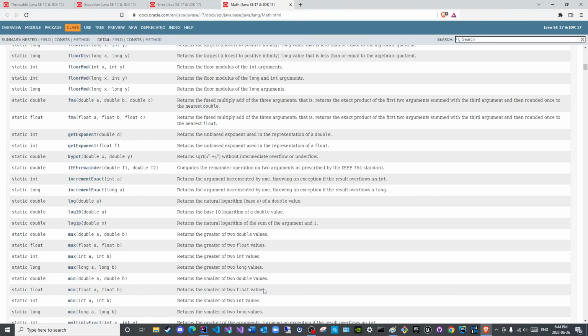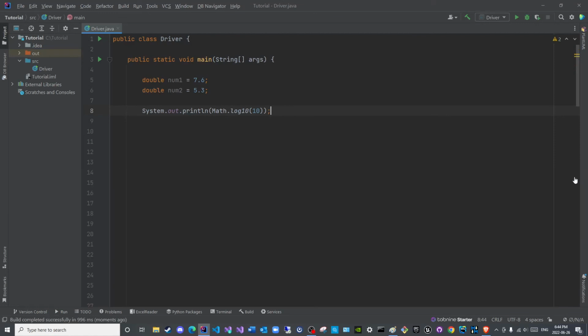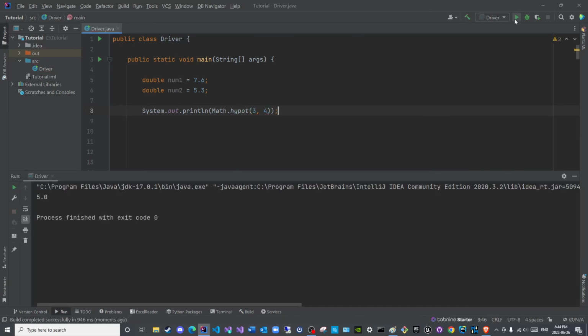So x squared and y squared. So what was the right angle? It was, I think, 3, 4, 5. Let us try 3 and 4. Oh, sorry, I need to change this to hypot. Oh, so it is 5. I still remember mathematics. Yay!